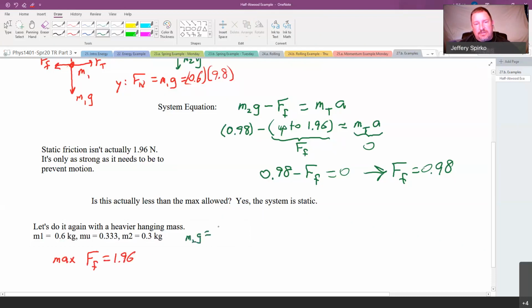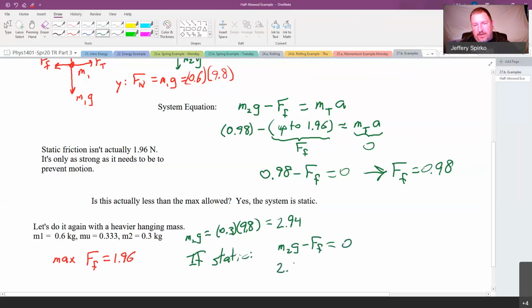M2G is 0.3 times 9.8, which is 2.94. So if static, then M2G minus FF equals 0.